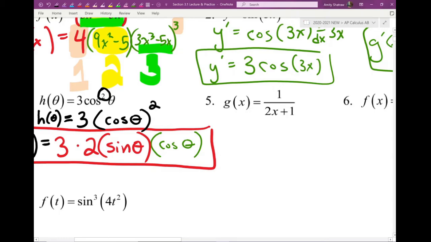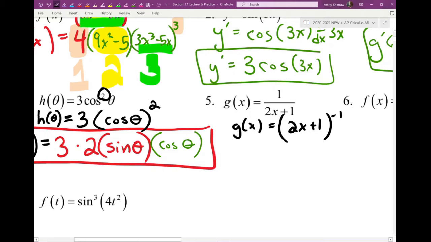But I wanted to point out to you that the chain rule exists, and it's useful now. It's extremely useful now. So if you wanted to, you could change g of x and write it in this way. G of x is really equal to 2x plus 1 to the negative 1 power.